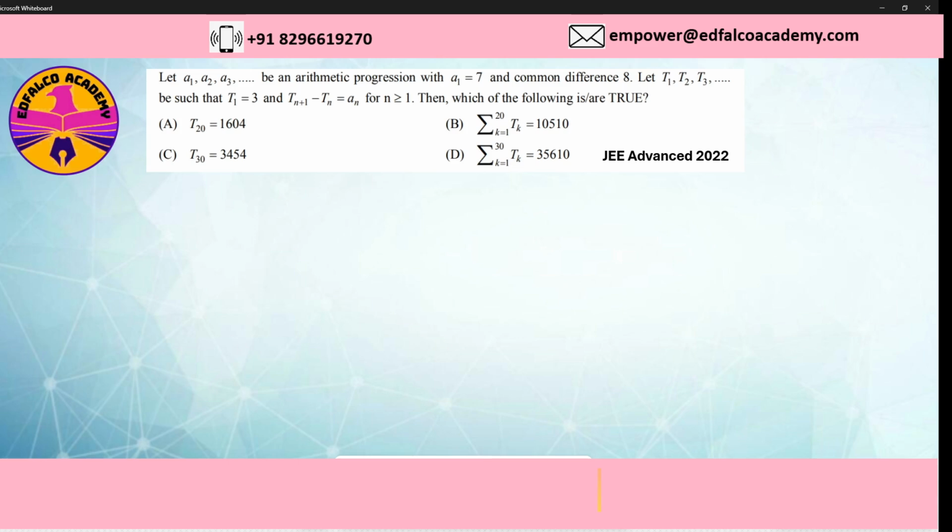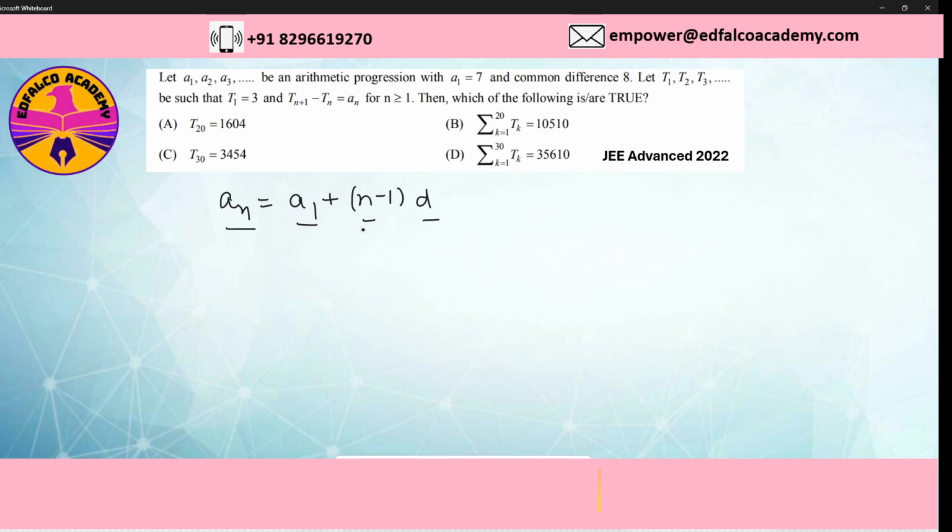So let's start from the very basic. We all know that for an arithmetic progression, the nth term of an AP series is given as an is equal to a1 plus (n minus 1) into d, where an is the nth term, a1 is the first term, n is the number of terms that we are talking about, and d is the common difference.